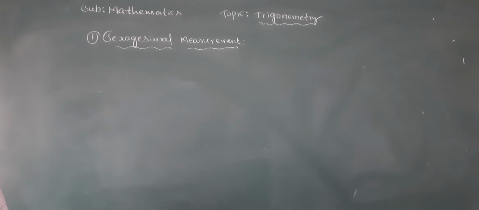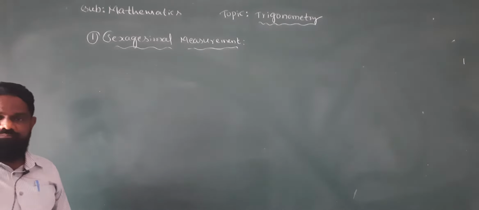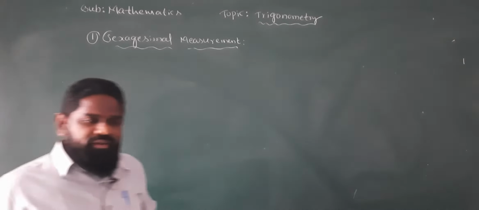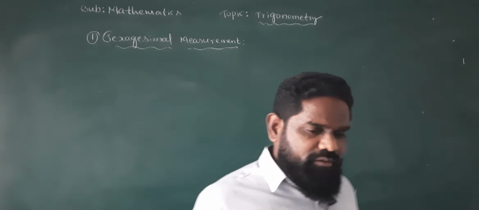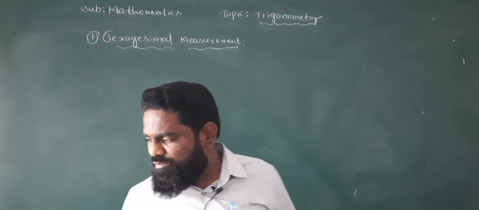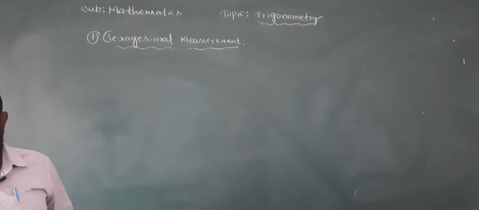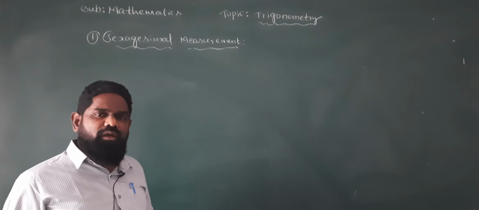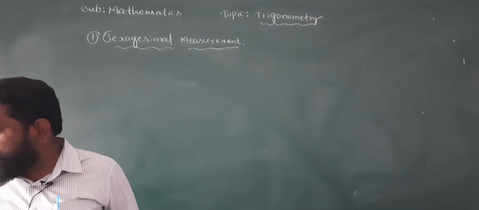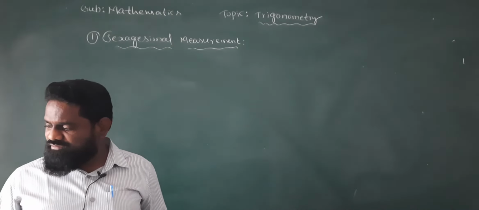No problem. Understand? This system is also called the British system, or English system; we are using this system only. This sexagesimal system or sexagesimal measurement is also called the British system.